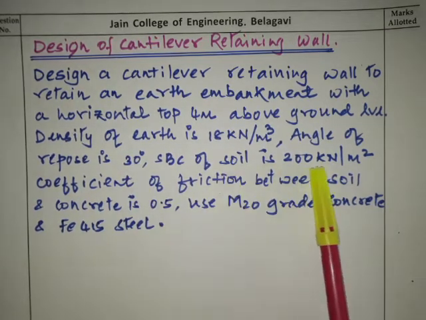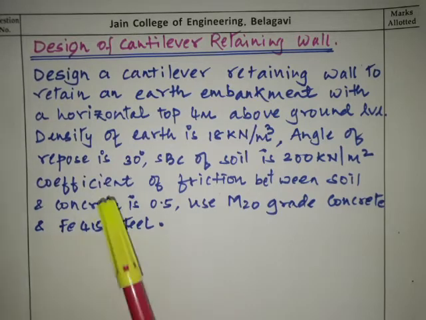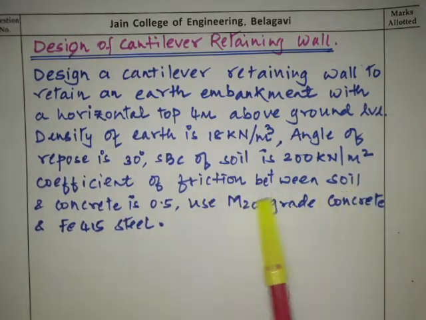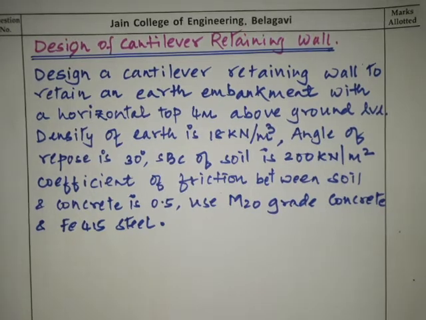SBC of soil is 200 kN per meter square. Coefficient of friction between soil and concrete is 0.5, and you have to use M20 grade concrete and Fe415 steel. So let us note down the given data, that will be easy for the further solution.